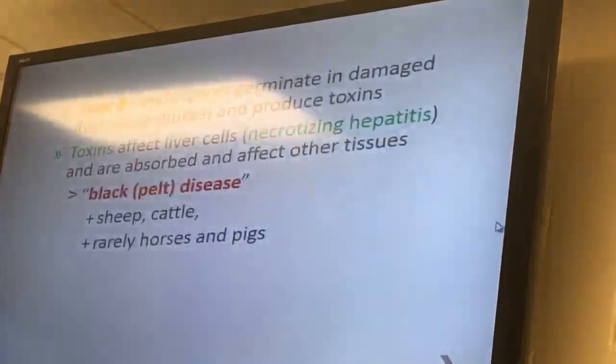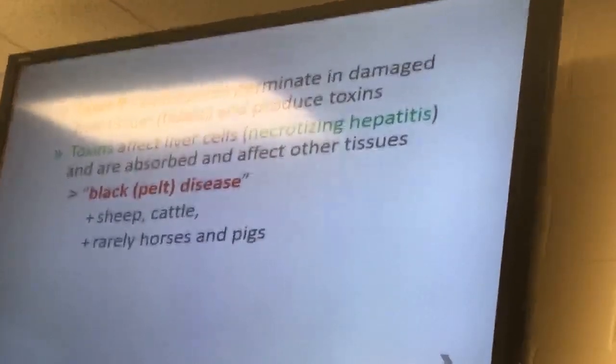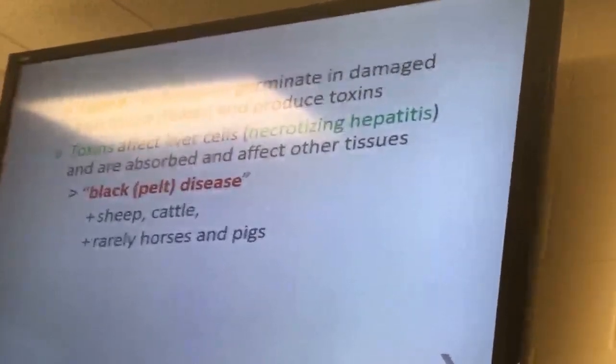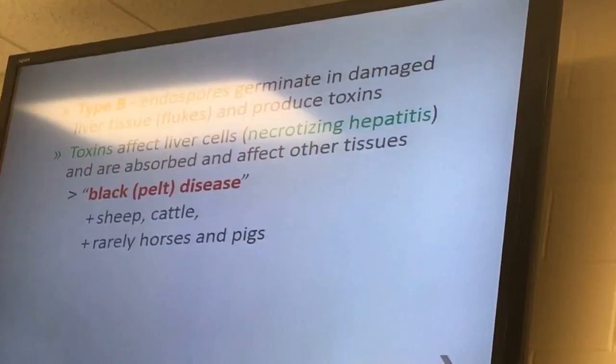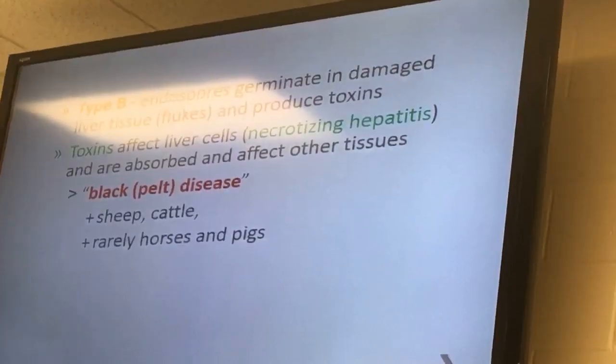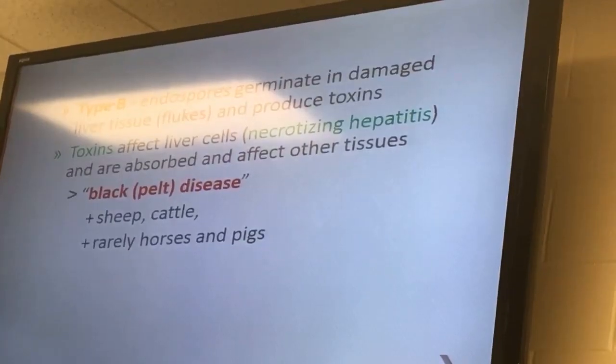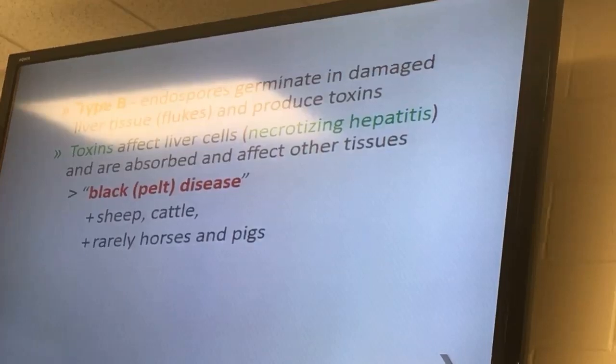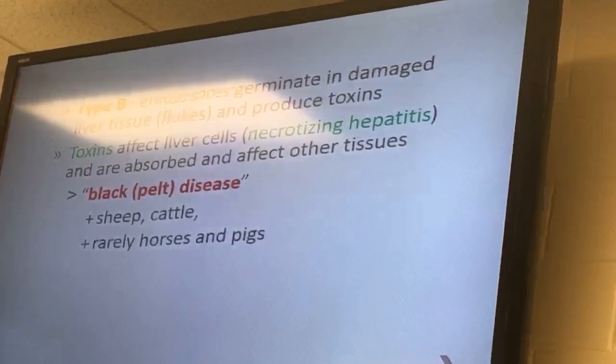Type B, you get the endospores that germinate inside damaged tissue. And usually it's tissue in the liver and it's associated with flukes. So the flukes go through, damage the tissues, produce an anaerobic condition, and the spores germinate and turn into vegetative cells. As the vegetative cells grow and multiply, they release the toxins.